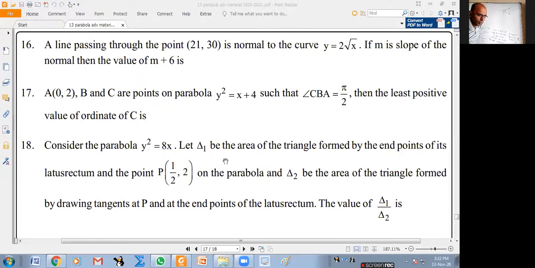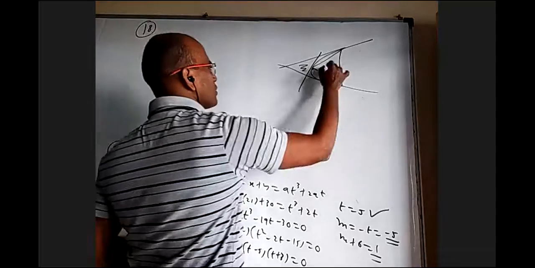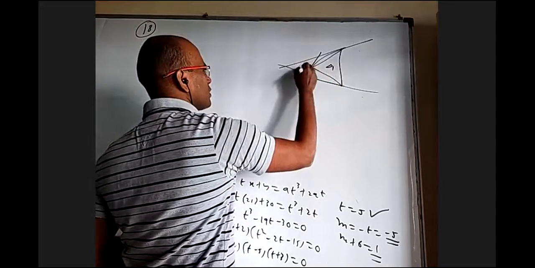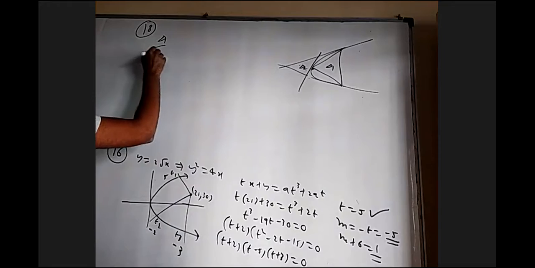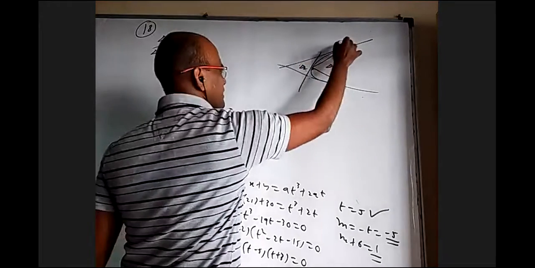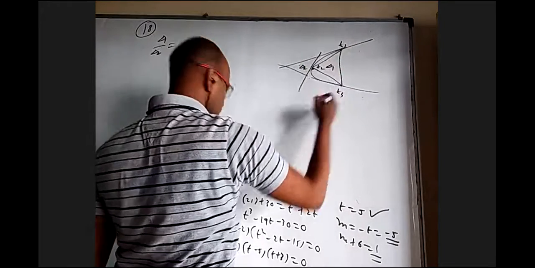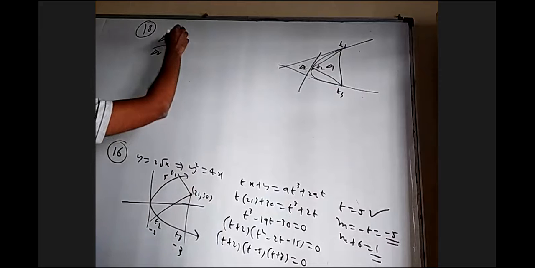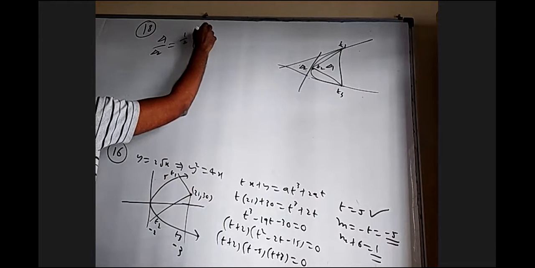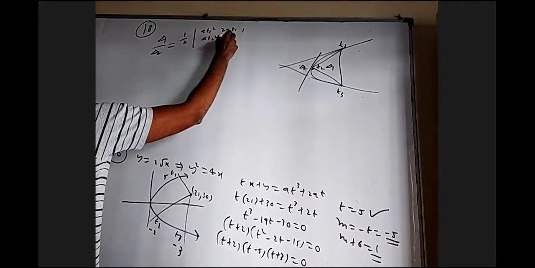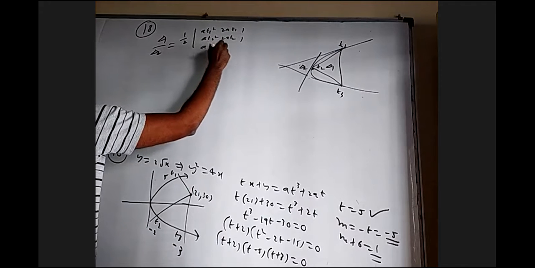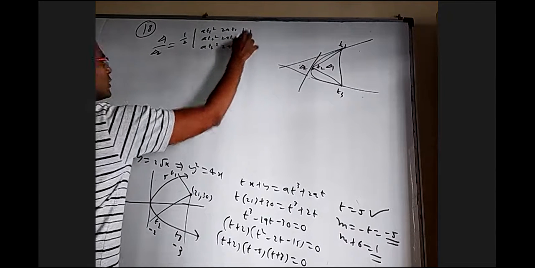Delta 1 is the area of the triangle formed by the endpoints. So this area is called delta 1. This is called delta 2. If at all they want delta 1 by delta 2, if we take this as T1, this as T2, this as T3, the numerator is half of mod of a T1 square, 2a T1, 1; a T2 square, 2a T2, 1; a T3 square, 2a T3, 1.